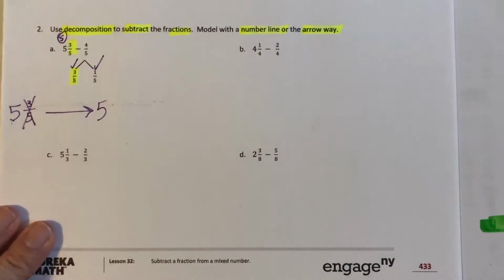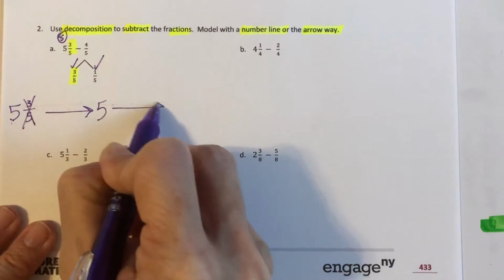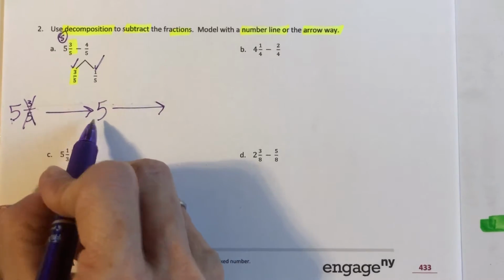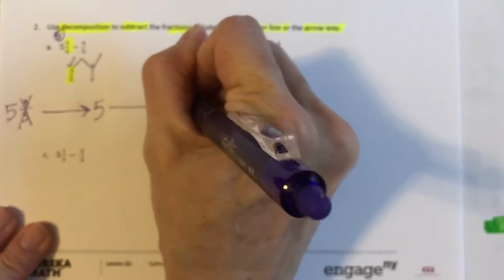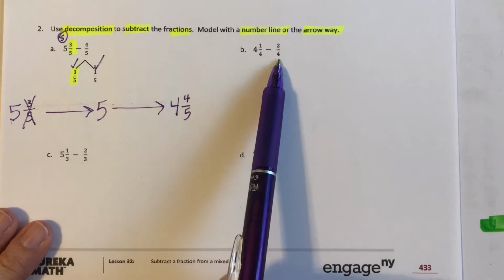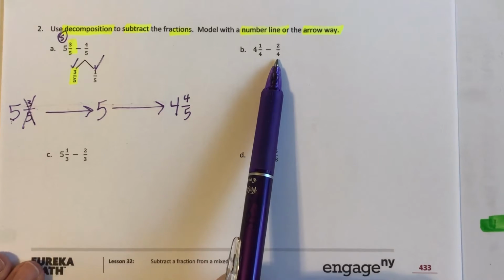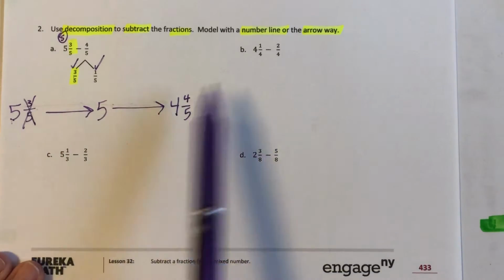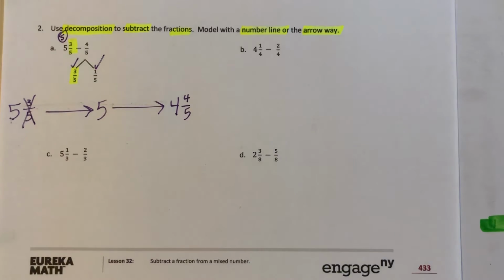And now all you have left to take away is 1/5 away from 5 wholes, and that leaves you with 4 and 4/5. All right, hit pause and do part B, decomposing 2/4 into the only way that you can, and show the arrow strategy for part B.